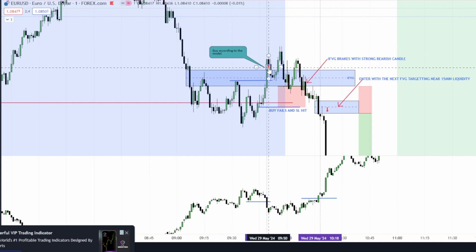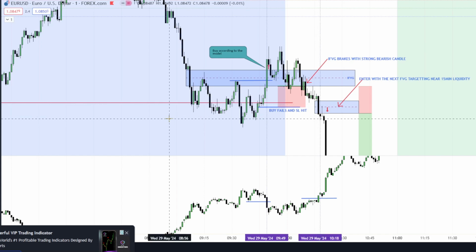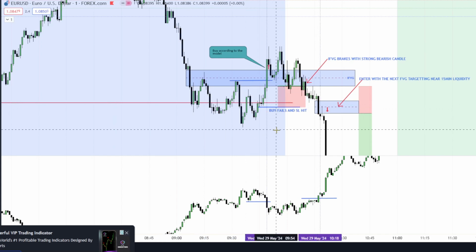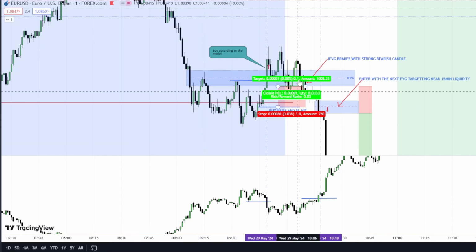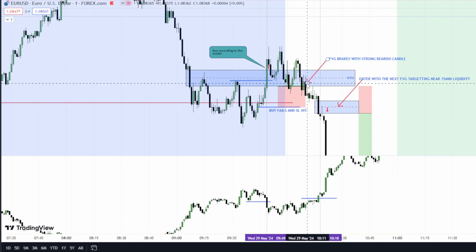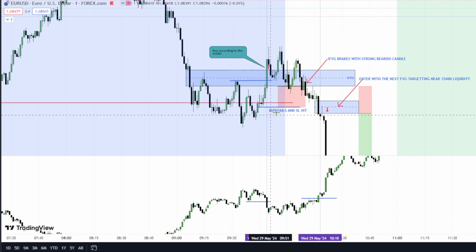But here what is happening is it went small up and came against, and this is my SL, and at this level price hit the SL level, so that is a lost trade. But here price rejected very strongly from the inversion fair value gap and took my SL.